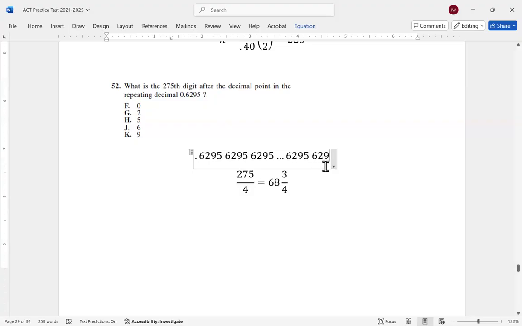So the 275th digit is going to be the 9, because we have 68 rounds of 4, and then 3 extra. So 9 is the 275th digit, and that means the answer to question 52 is K.